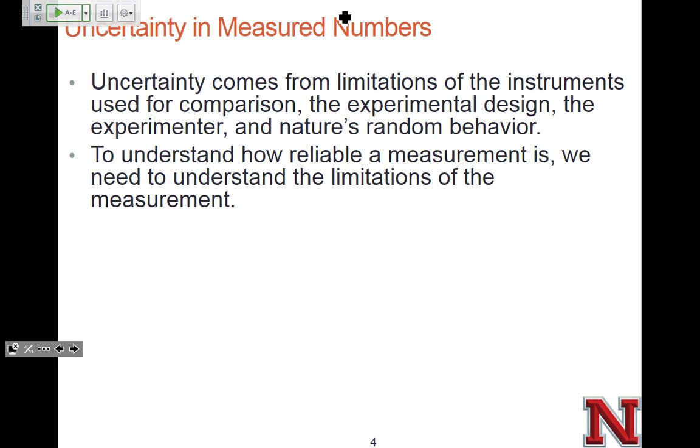For instance, you wouldn't use a volumetric flask that's only in milliliters if you're trying to measure microliters, because it's not going to give you a very precise measurement, because it's just not set up for that value. So that's oftentimes going to be your limitations.